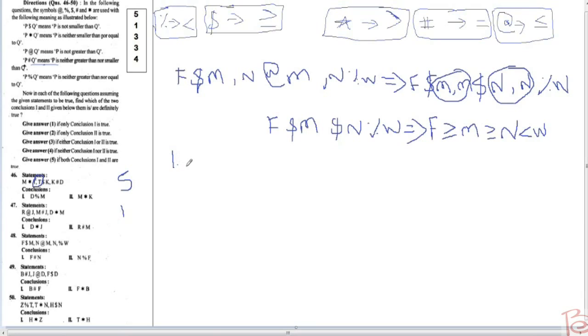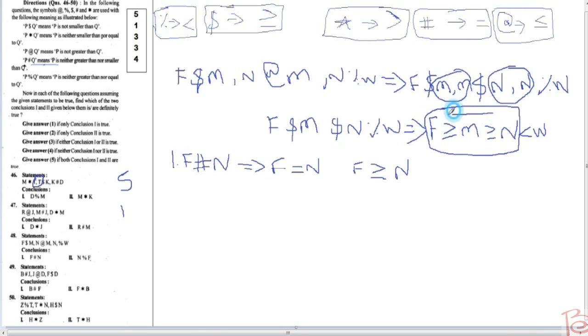So I'm going for the first conclusion. First conclusion is f hash n. Okay, so that means f hash means equal to n. From this statement, we know that f is greater than or equal to n.